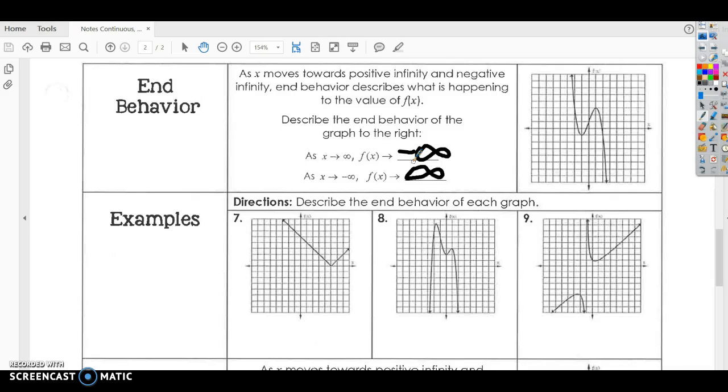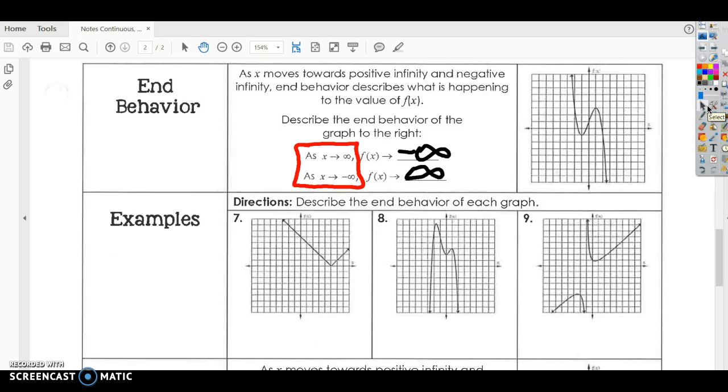These values here will always stay the same. X is always going to the left and x is always going to the right. What you have to determine is whether the y values are going up or down. So you're always going to have positive or negative infinity for these values.